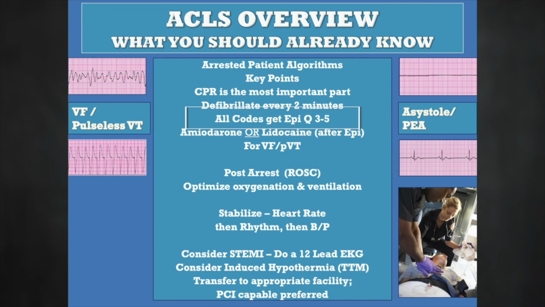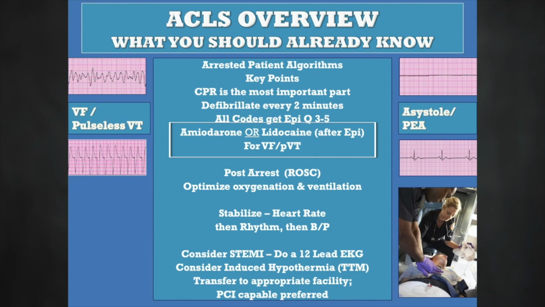All cardiac arrest will continue to get epinephrine throughout the code at 3 to 5 minute intervals, or what I say is every 4 minutes, because you're going to be stopping every 2 minutes to evaluate your patient. If the patient is in ventricular fibrillation in cardiac arrest, along with epinephrine after 2 minutes, he should get either amiodarone or lidocaine as an anti-dysrhythmic.